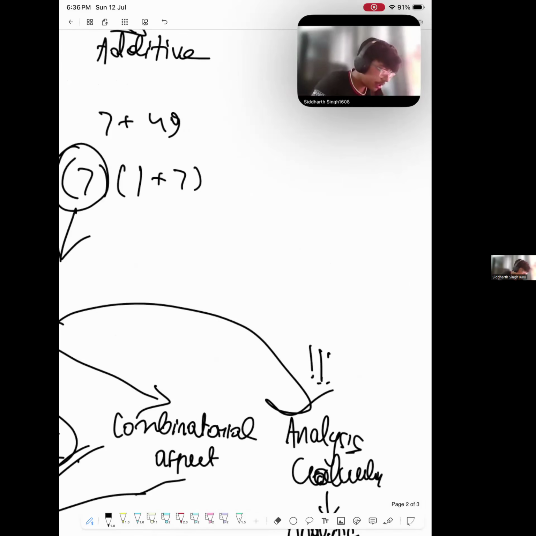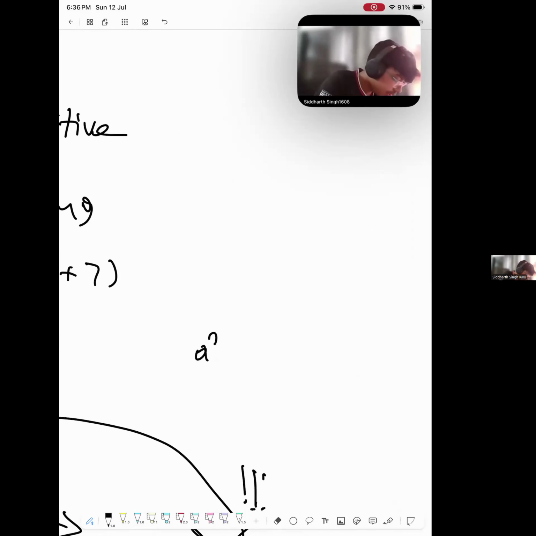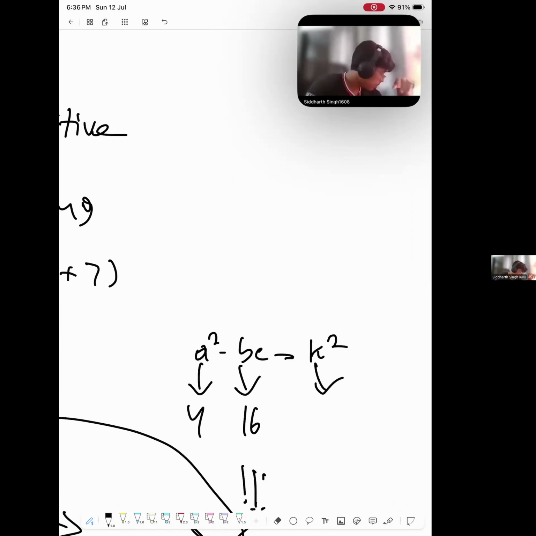See, the point is a square minus bc is equal to k square. What you mod 4 will give us is that suppose everything is congruent to 0 mod 4, right? You will work in mod 4. Take this as 16, take this as 4, take this as 20 or 200 or something.